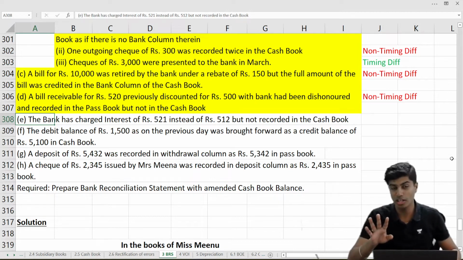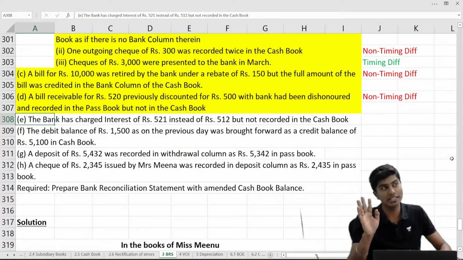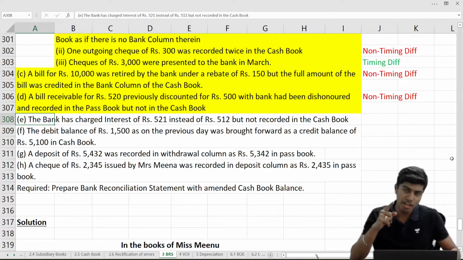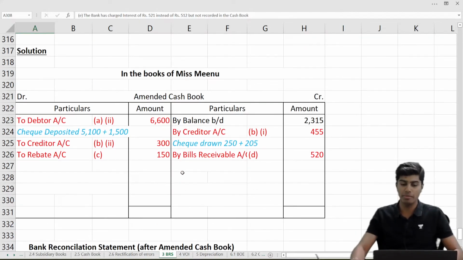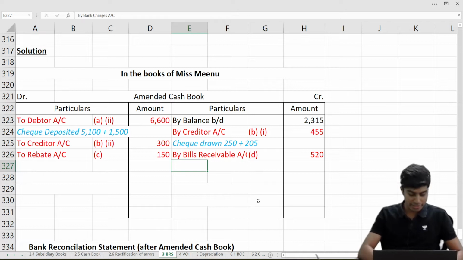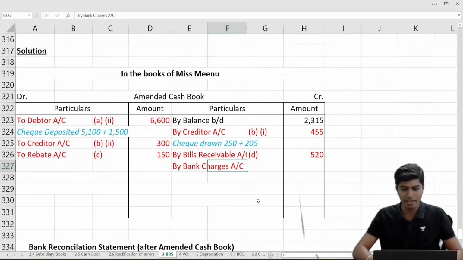First I am discussing only the correct interest not recorded in the cash book. Because 512 worth of interest is not recorded, let me now make the entry in my amended cash book. On the credit side, I will write bank charges or bank interest, anything is fine, 512.